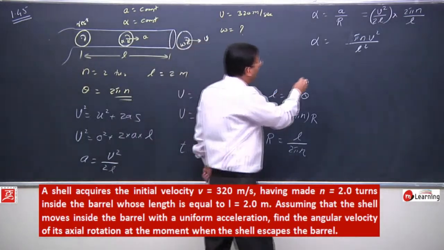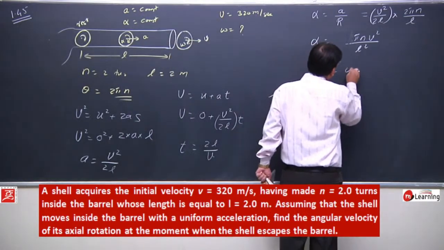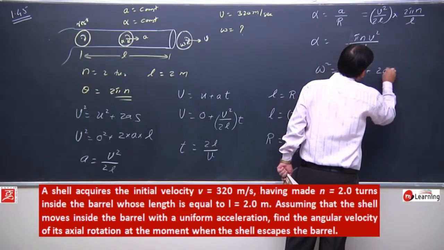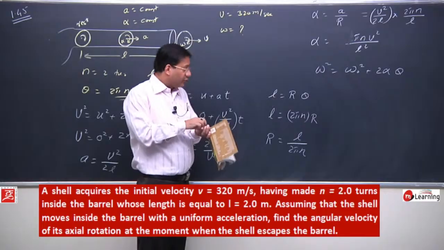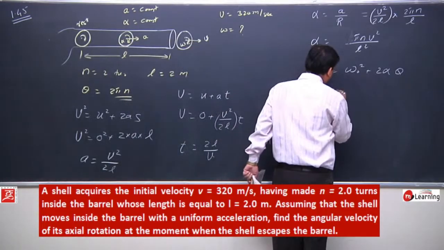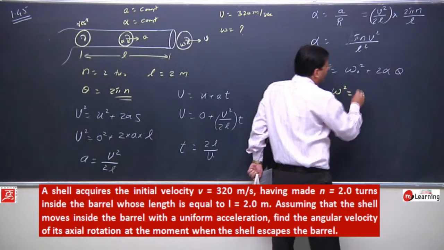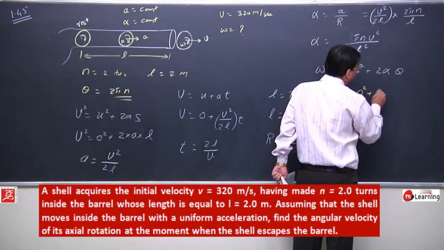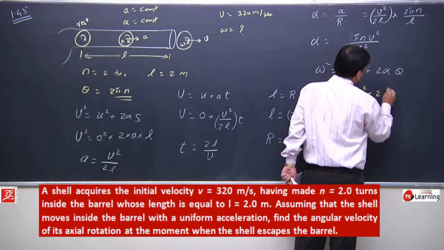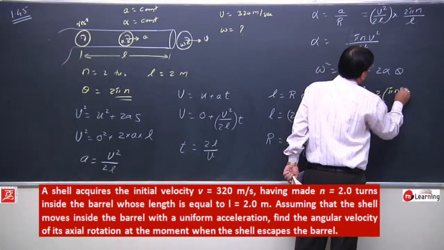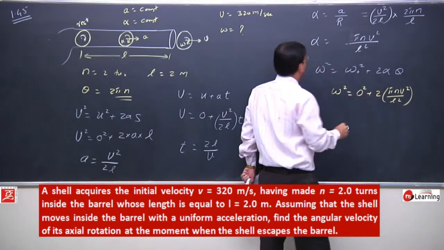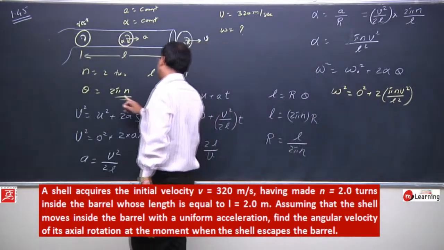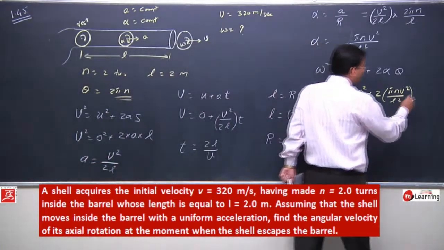Now I will say omega square is equal to omega naught square plus 2 alpha into theta. I will apply this equation. Omega square is equal to omega naught square, which is 0, plus 2. For alpha I will write pi N v square by L square. For theta I will write 2 pi N.